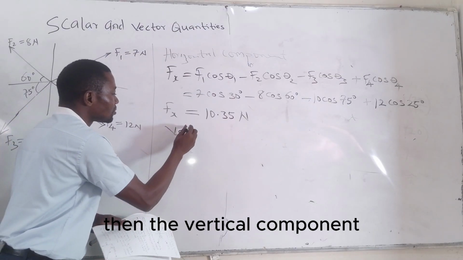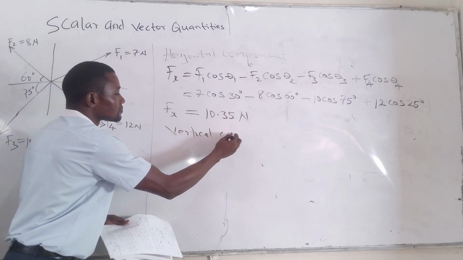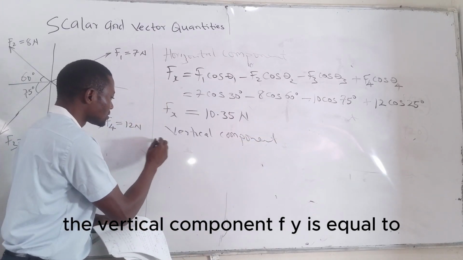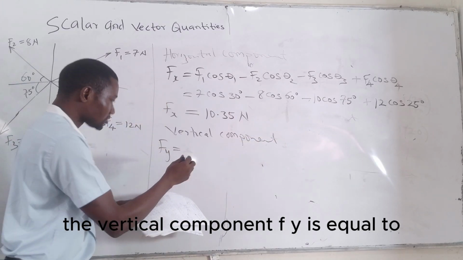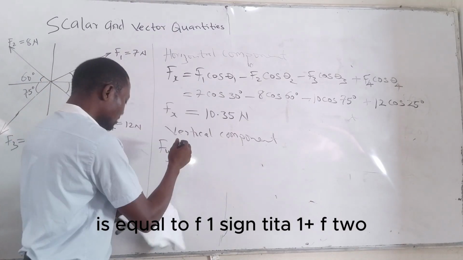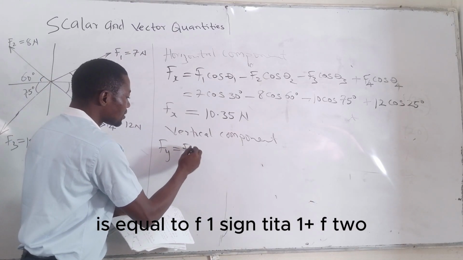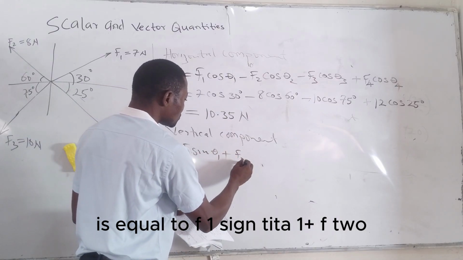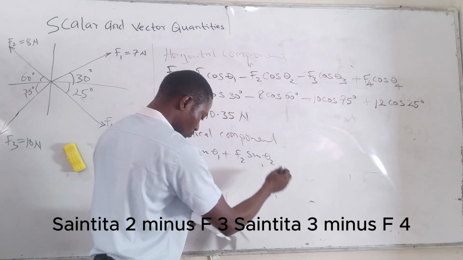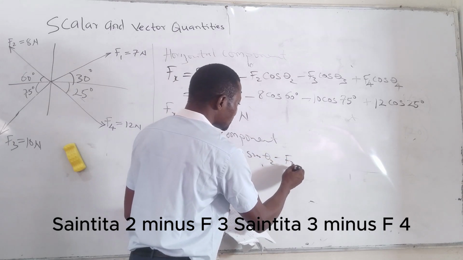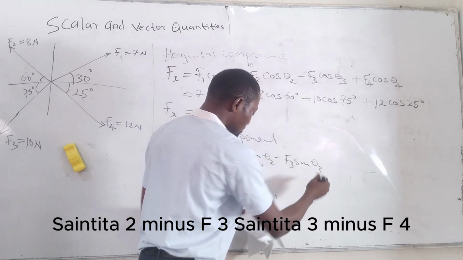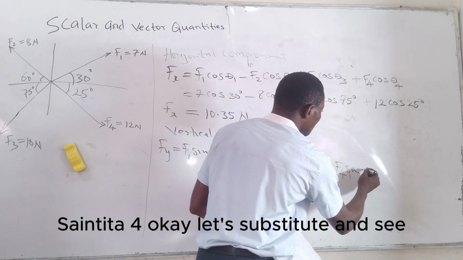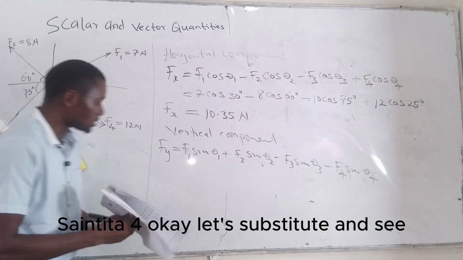Then the vertical component, Fy is equal to, I'm rounding up, F1 sine theta 1 plus F2 sine theta 2 minus F3 sine theta 3 minus F4 sine theta 4. Okay, let's substitute and see.